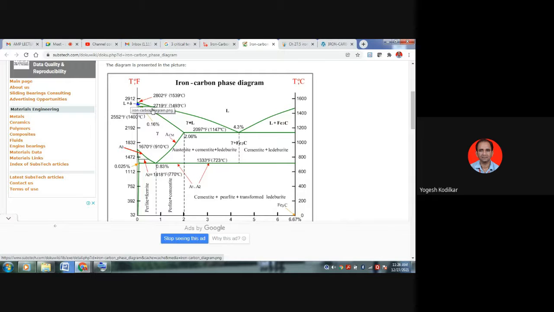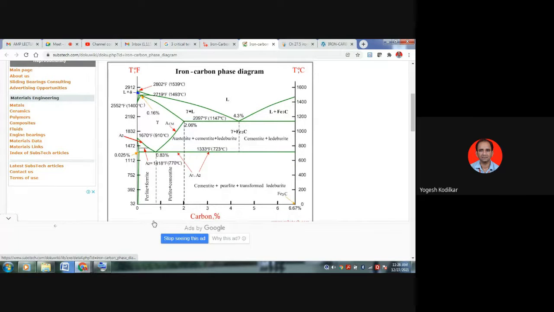Iron shows different crystal structures. This property of iron is called allotropy of iron, showing different phases with different crystal structures.